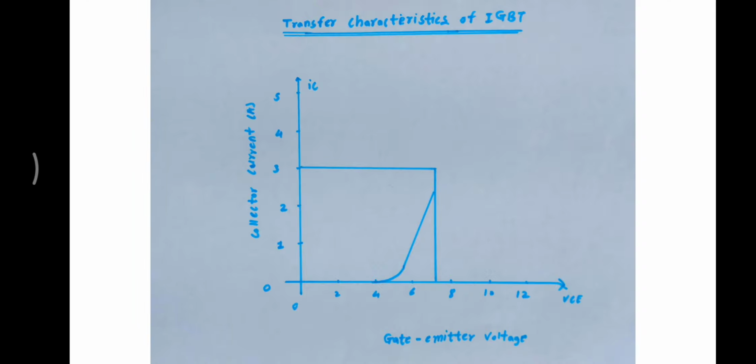One is the cutoff region. The IGBT is off when VGE is less than the threshold voltage.